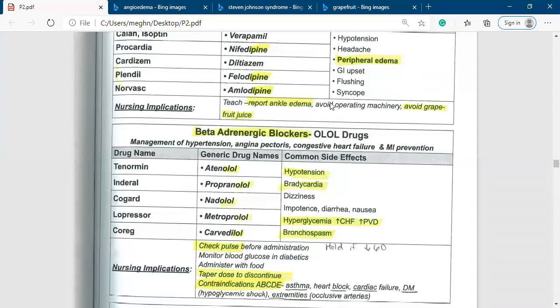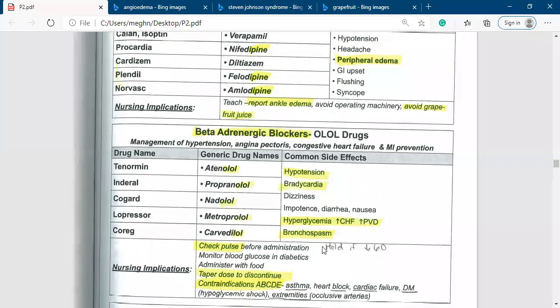Also, we have to tell the patient to avoid operating machinery, driving the car, or dealing with any industrial work. And also avoid grapefruit juice, like carbamazepine also has to avoid grapefruit juice.